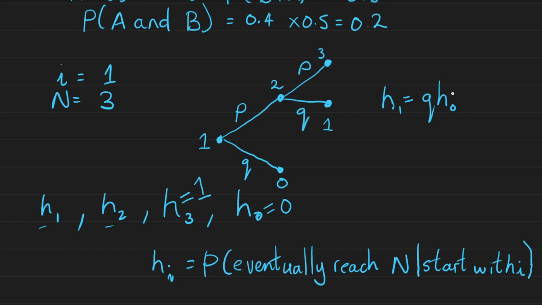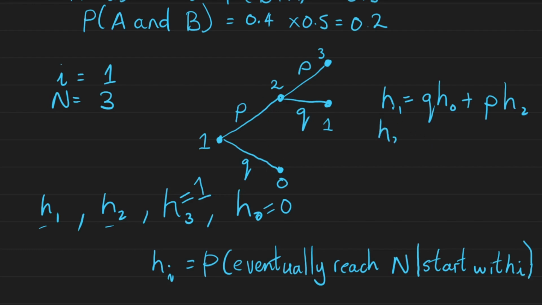But we know that H0 is equal to 0, since there's no way of reaching 3 from this particular branch. Then it is the probability of reaching 3 from 2. The probability of going from 1 to 2 is P, and we can reach 2, so this is H2, the probability of reaching 3 from state 2. In other words, what we've done is added the probabilities of the two branches.